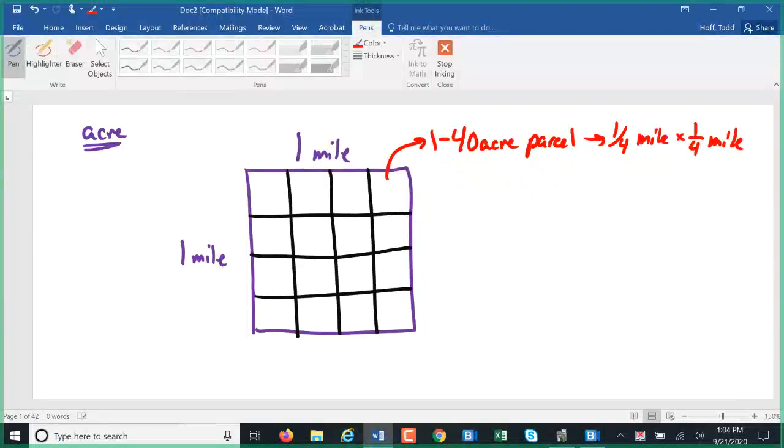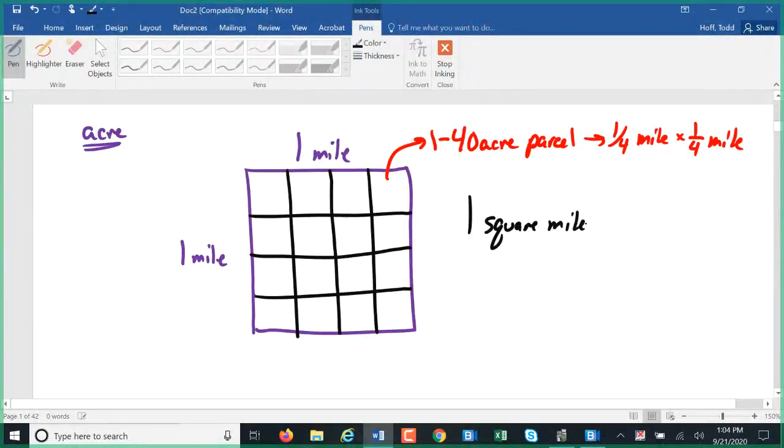So a square mile is 16 40s, or 16 times 40, which would be 640 acres in a square mile.